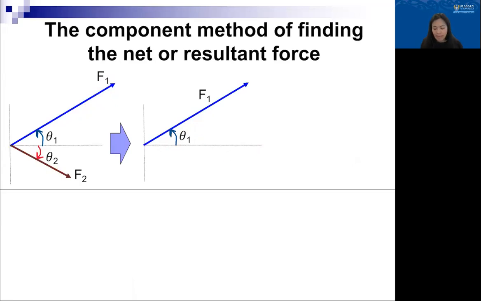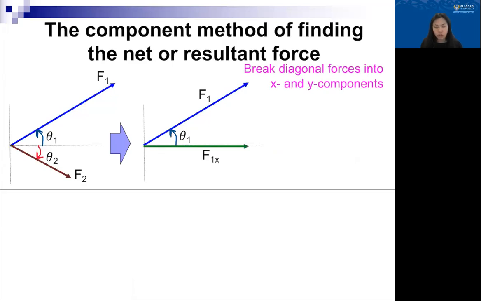So when you break down this diagonal vector, you get its horizontal component. Notice how the horizontal component is drawn: the tail of the diagonal vector and the tail of the horizontal vector meet. And then you draw the vertical component.